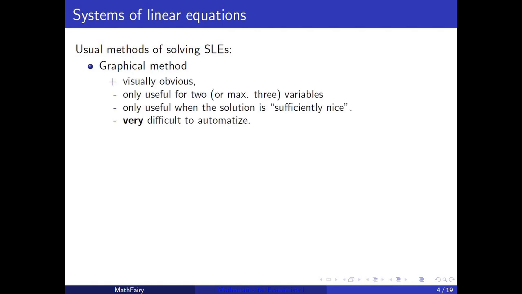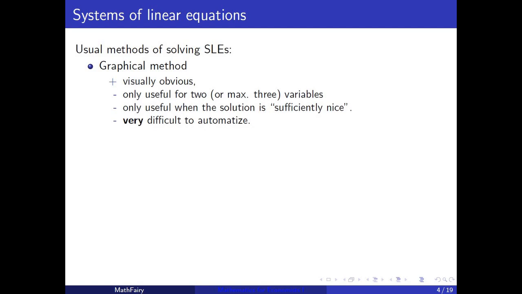First, we have the graphical method, which we can use in the case of two variables and two equations. One upside of this method is that it's visually obvious because we need to visually find the intersection point of two curves. Downsides of this method include that it's only useful for two or maximum three variables, otherwise we would need to be able to see in multiple dimensions, and that's already difficult in three.